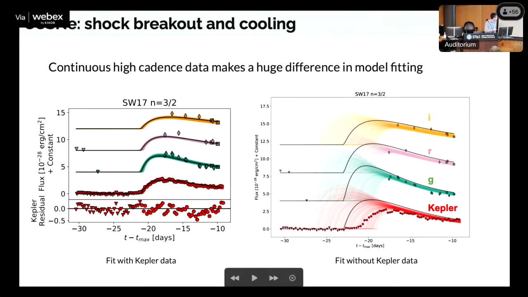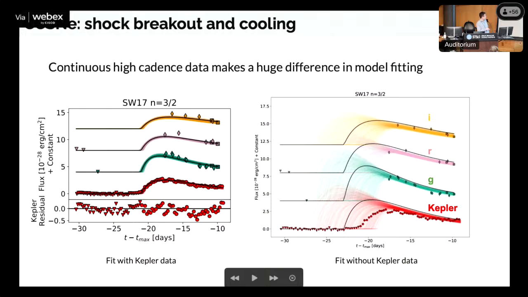In this slide, I want to highlight the importance of the high cadence light curves of Kepler and TESS. This is the fitting of 2017JGH without the Kepler data, and the colored lines are the posteriors of the best-fit models.